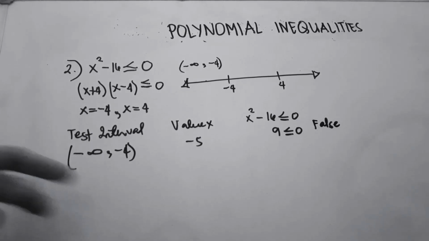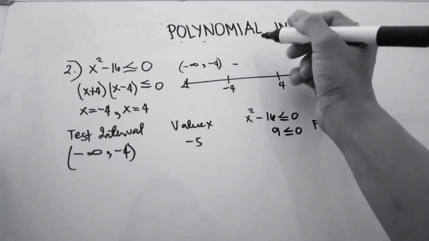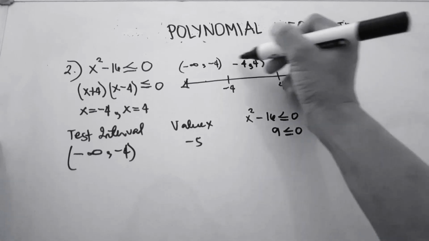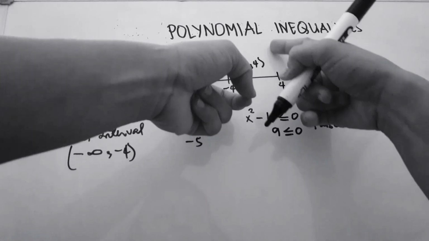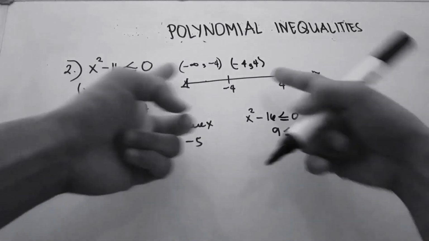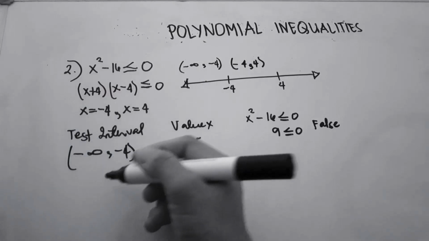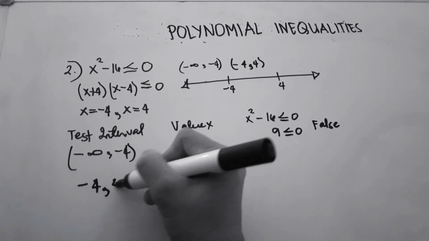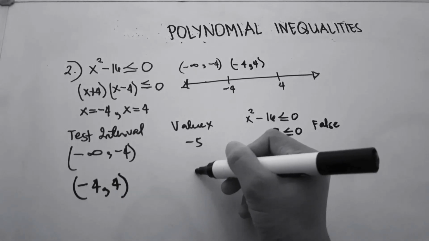Since 9 is greater than 0, this is a false statement. Then we use the second interval, between negative 4 and positive 4. We can pick a number from here to get the value of x, since this expression should be less than or equal to 0. We can try to pick 0.